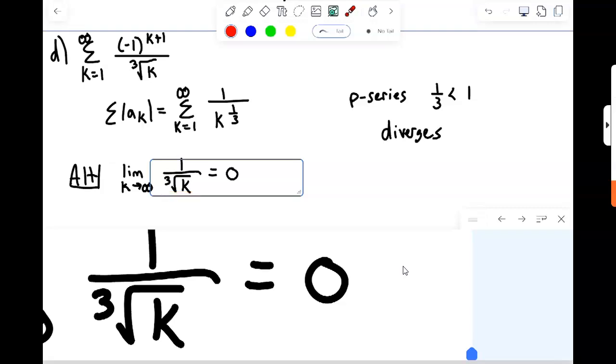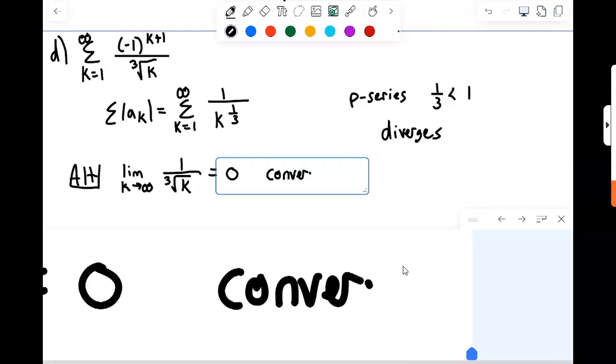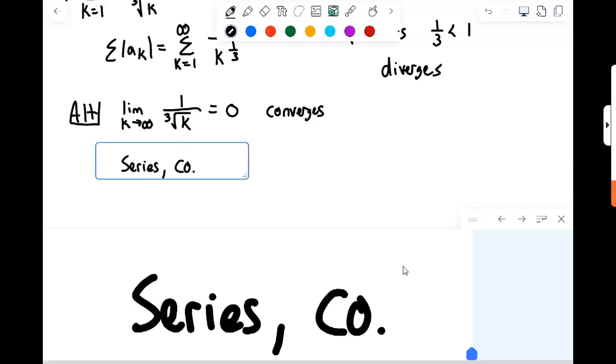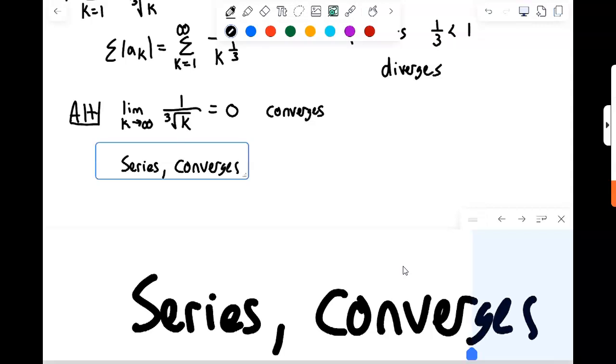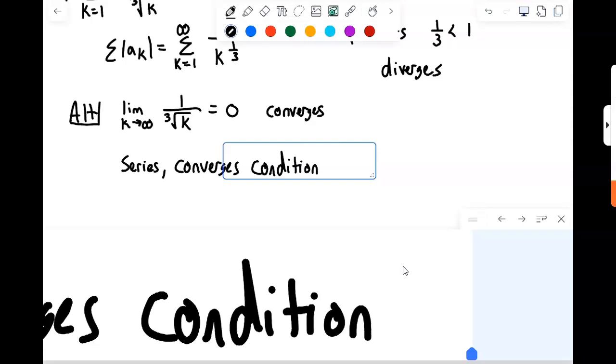So this is a non-increasing sequence, and therefore this thing converges. So the alternating series converges by the alternating series test, and therefore we would say that our series converges conditionally. We have conditional convergence this time. So the series converges conditionally.